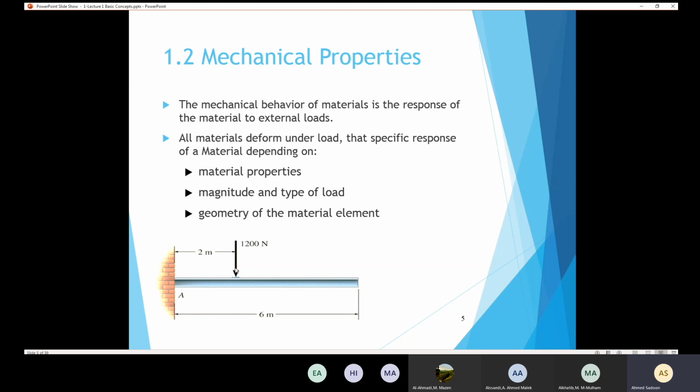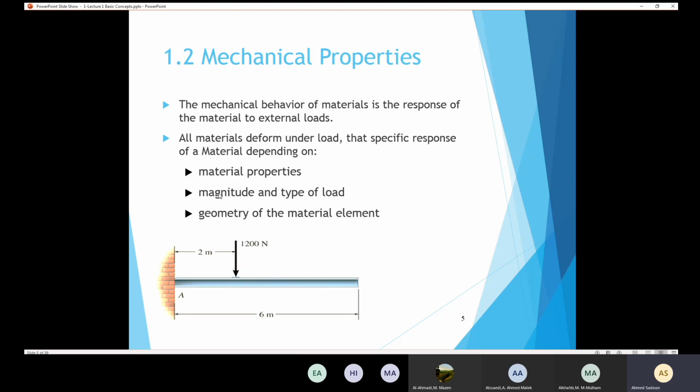So if I apply a load, deformation is going to take place inside my material, but that is going to depend on the material properties. For example, if I apply that load, of course you are going to see deflection here. The deflection is going to be different if the material is steel or wood or concrete.